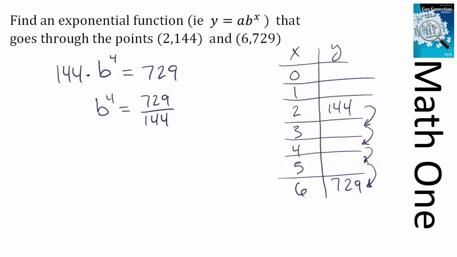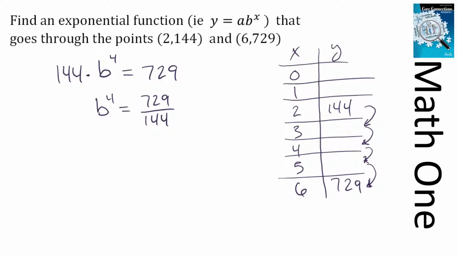And we've discussed how to calculate the 4th root. You could guess and check, but what I like to use at this point, especially with something like a 4th, 3rd, or 2nd power, is my calculator.